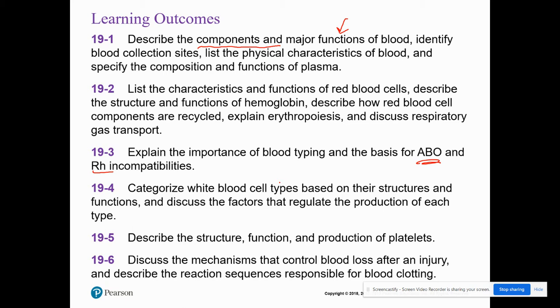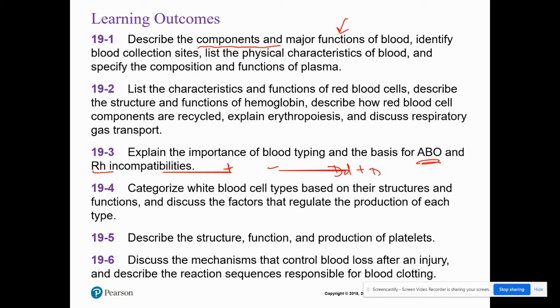Just a quick reminder, when RH is discussed, they're talking about whether somebody has a positive blood type or a negative blood type. Some books may refer to it as the D factor. If you have big D, little d, you'd be positive.